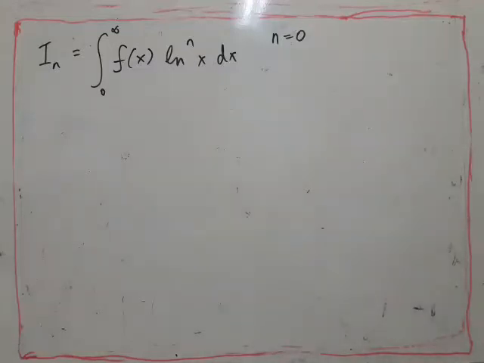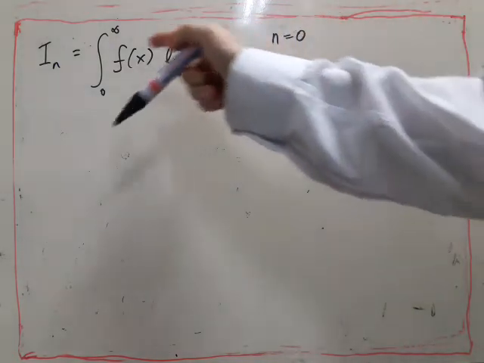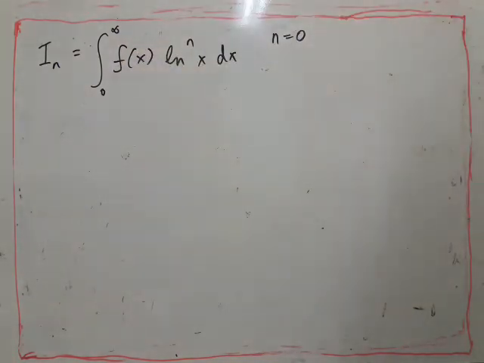So let's look at the case when n equals 0. So we're assuming that f is not even and has no branch cuts.